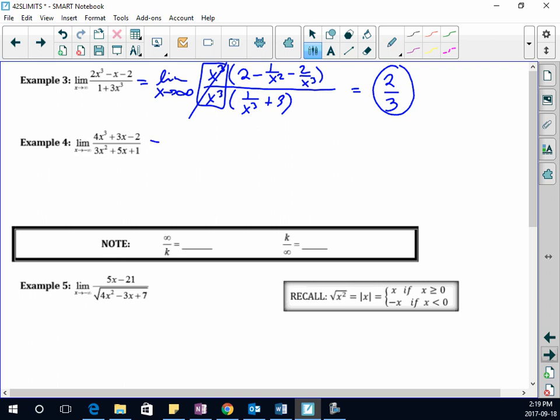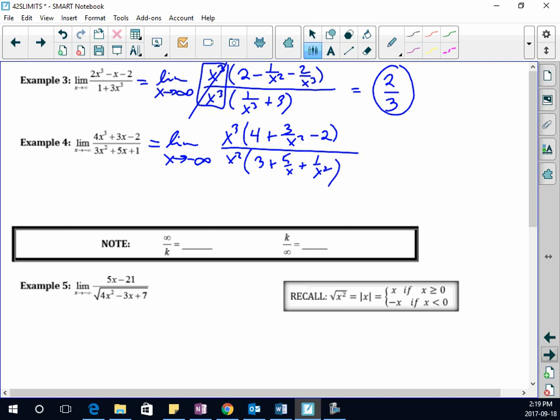So again, if I showed my work here, it's an x cubed times 4 plus 3 over x squared minus 2 over x over 3 plus 5 over x plus 1 over x squared. Do you see? This will cancel, but not all completely. You'll still be left with an x.